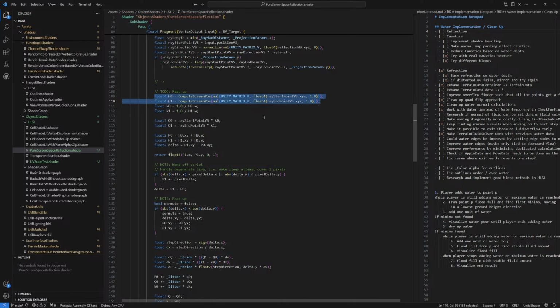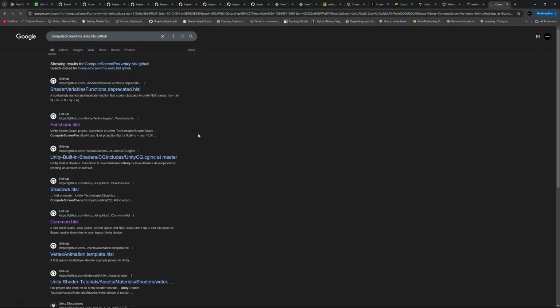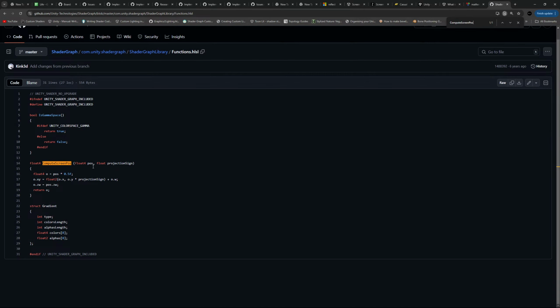This is probably not as straightforward as for them, because we might need to take into account the inverted projection matrix, I think it was. Yeah, this one, projection. Oh, that's true.